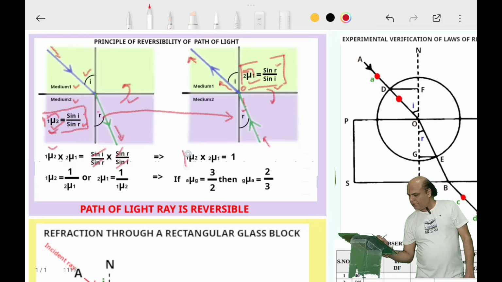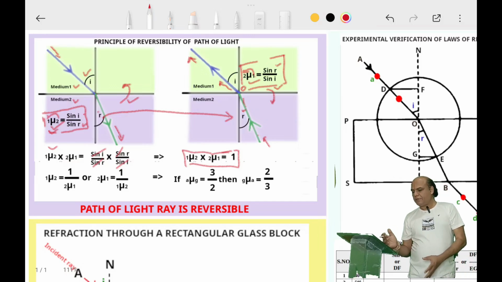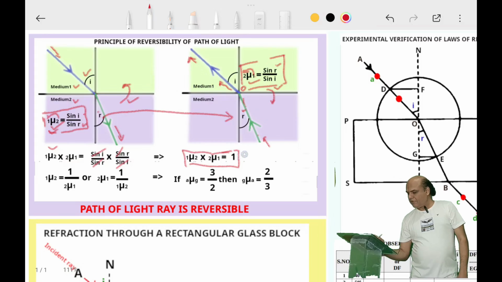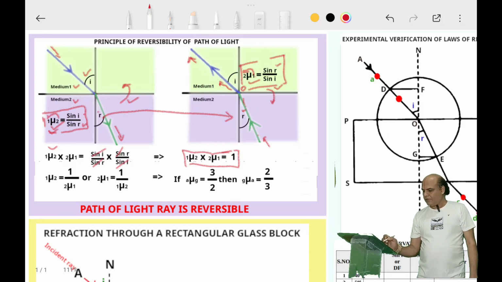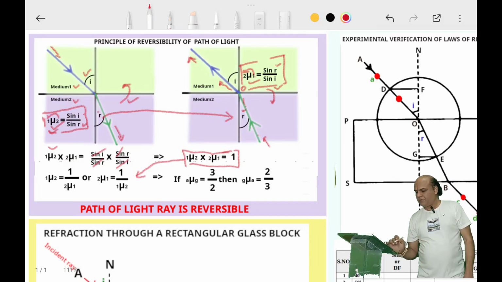So the refractive index of the second medium with respect to 1 multiplied by the refractive index of the first medium with respect to 2 is equal to 1. From this expression we can derive that the refractive index of 2 with respect to 1 is the inverse of the refractive index of 1 with respect to 2, and the refractive index of medium 1 with respect to 2 is the inverse of the refractive index of medium 2 with respect to 1. Is it clear?